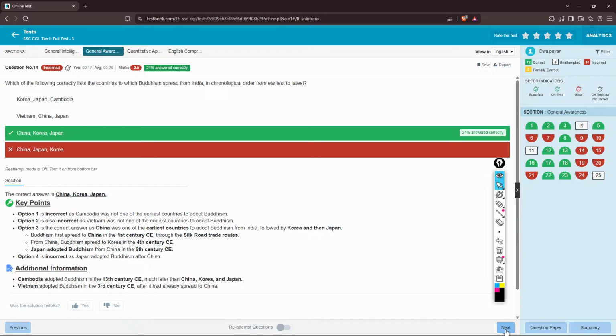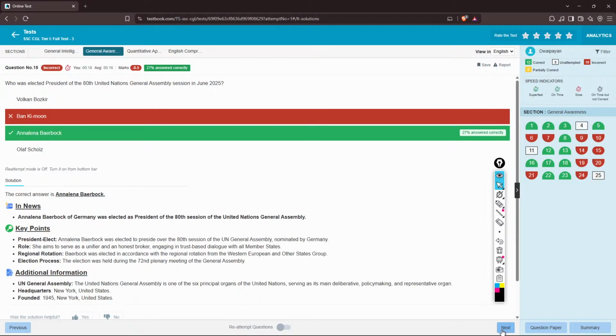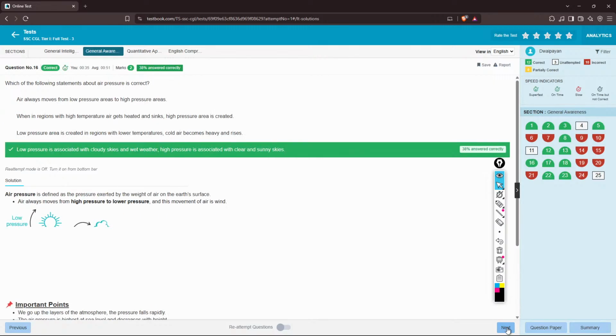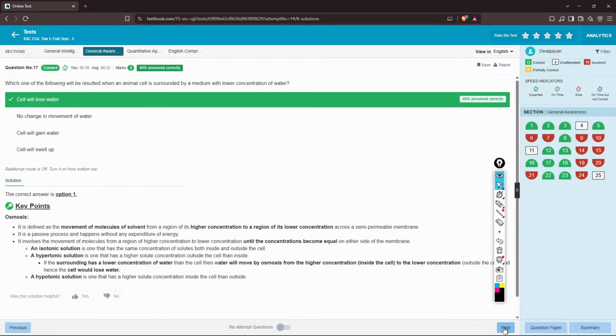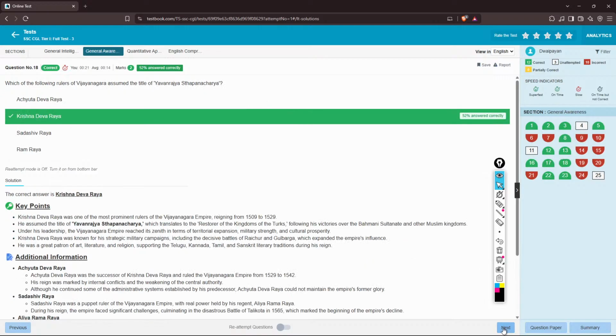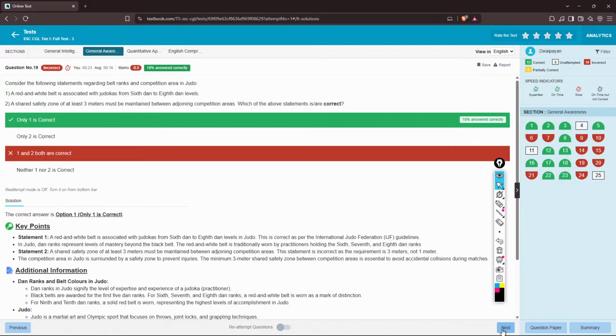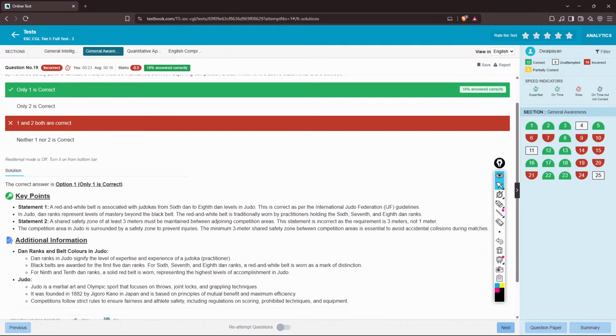So Japan at first did not accept it. Okay. This is Bok. I've never heard of that person. Low pressure, clear sky. Okay. So 2 is incorrect, which said that safety zone of 3 meter.